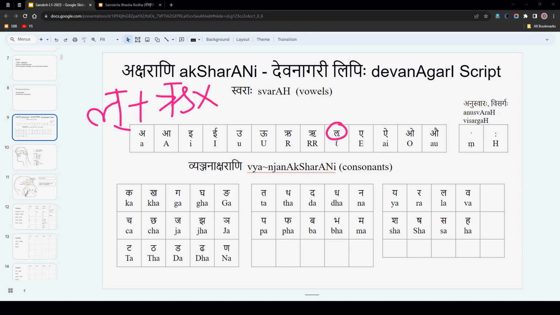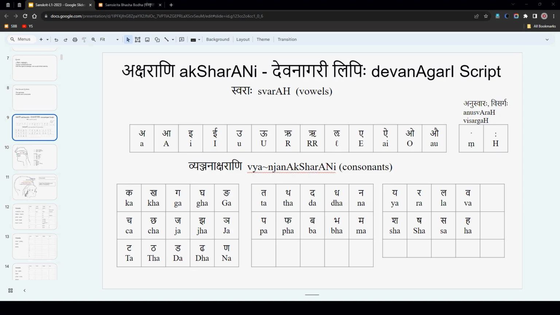Yes, sir. But because this l comes in the vyanjana here, and this is a pure swara, it is a different pronunciation, though it is written like that. We do not find many examples with this ru.